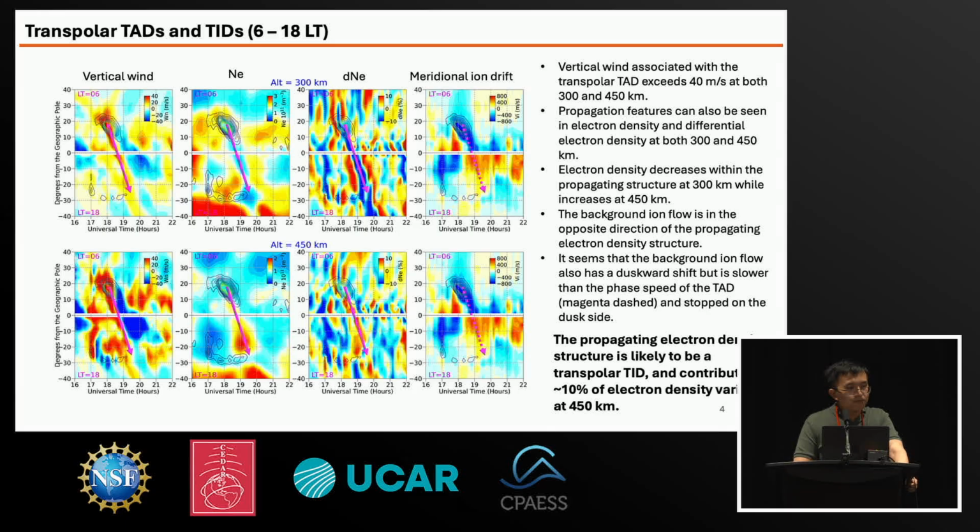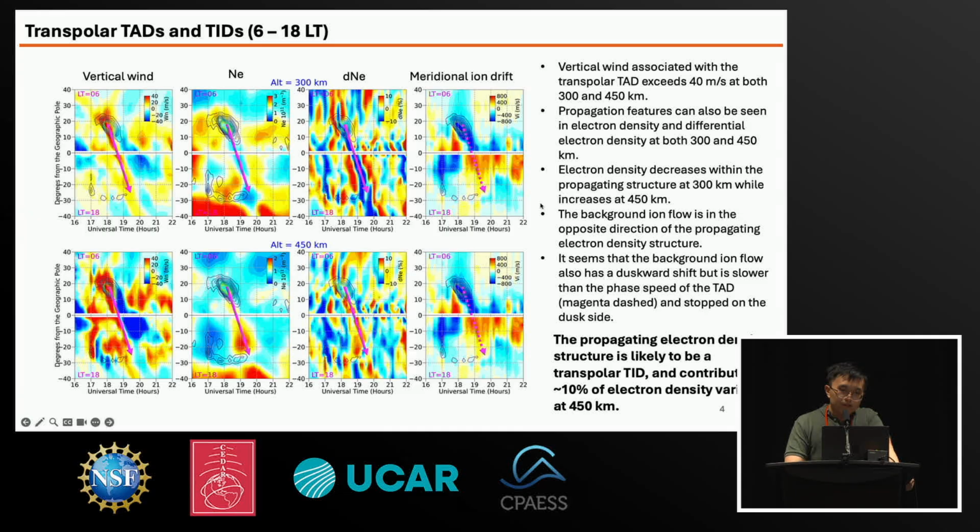And although there might be a shift of the dayside ion convection features, this shift is slower than the propagating phase speed, and the shift stops on the dark side. So again, it suggests this might not be a feature associated with the background ion flow, but it's highly likely a transporter TID.